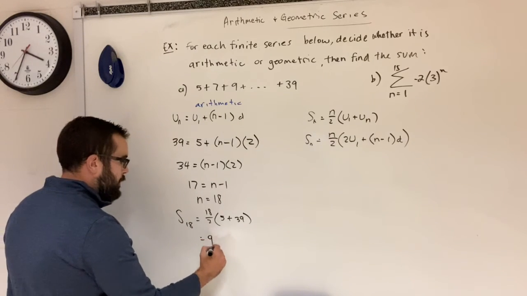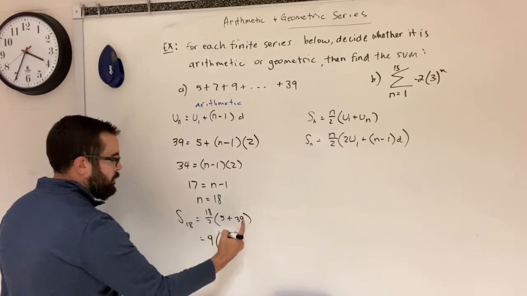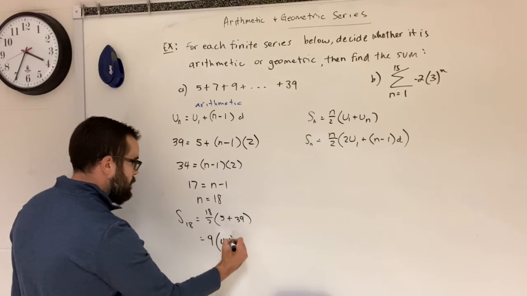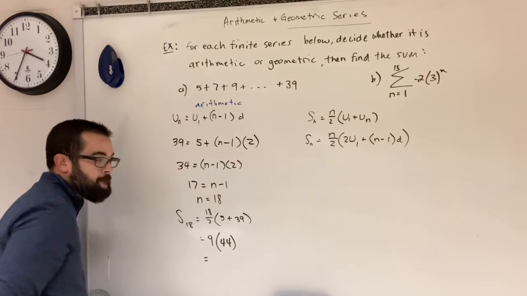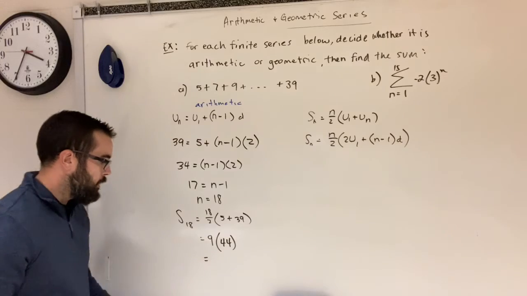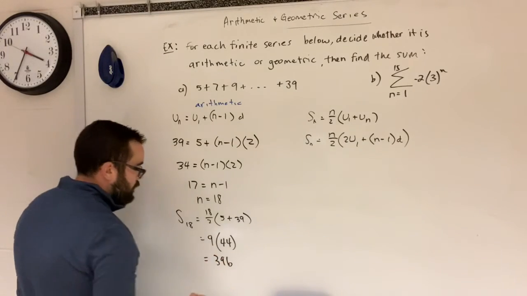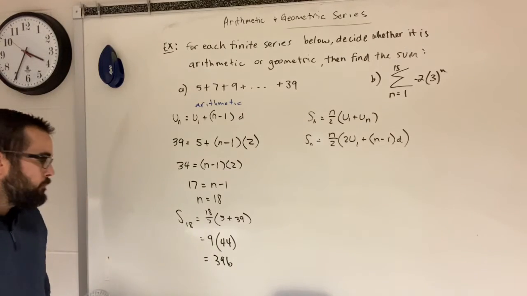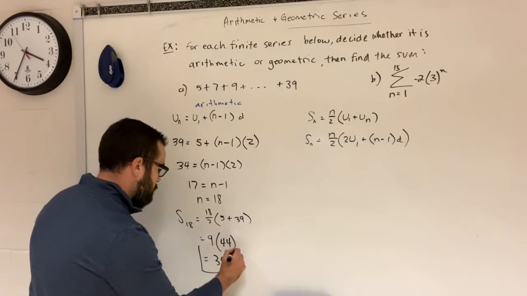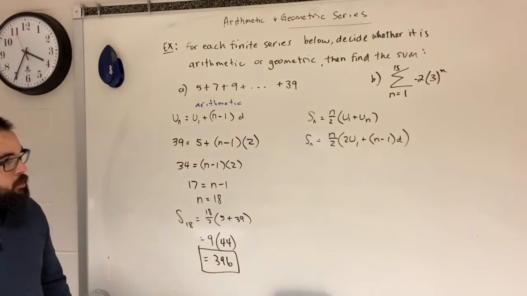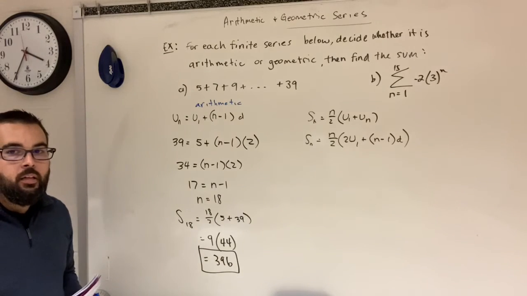So 18 divided by 2 is 9. 5 plus 39 is 44. And 9 times 44 is 396. So that's the sum of that finite series.